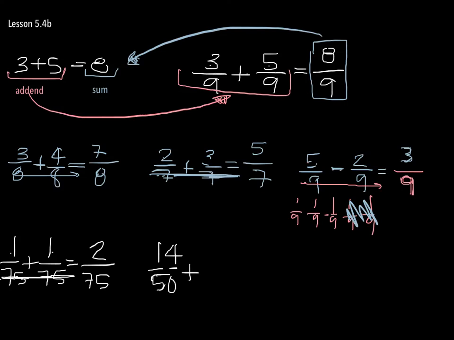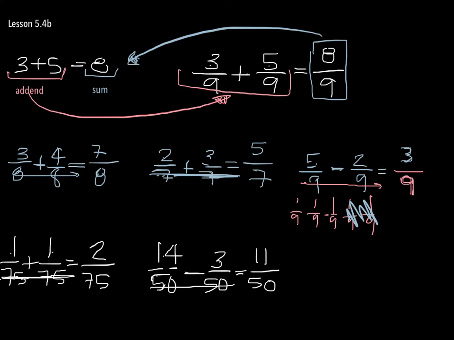Plus 3. Actually, let's make that a subtraction problem. Minus, less 3/50, and again is equal to, put our fraction line, we're just going to keep our language because we're talking about 50ths. 14 less 3 is going to give us 11 50ths.